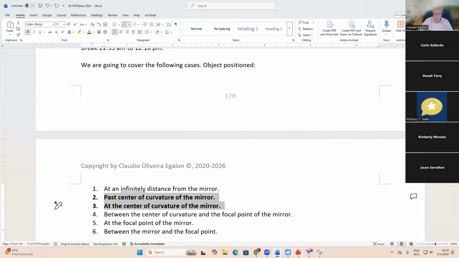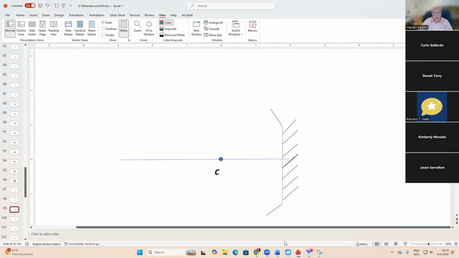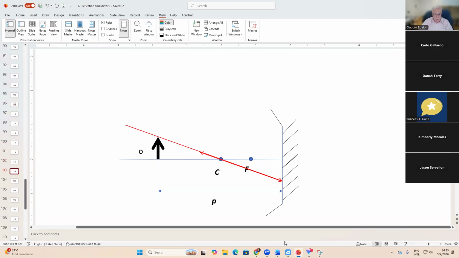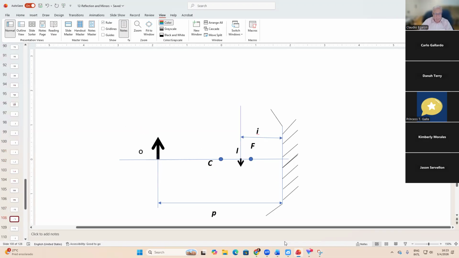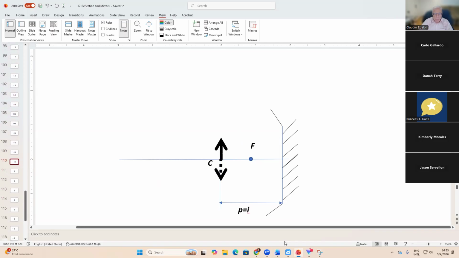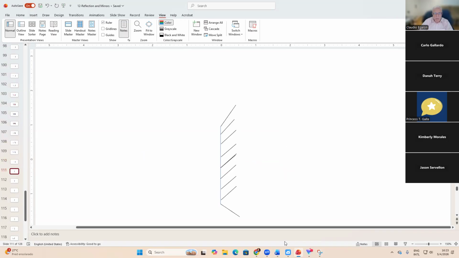Now let's take a look at the next one. Center of curvature, focal point, object. Wait a minute, I don't want that. Why am I repeating that? Let's move forward. Now we are going to get the object between the center of curvature.